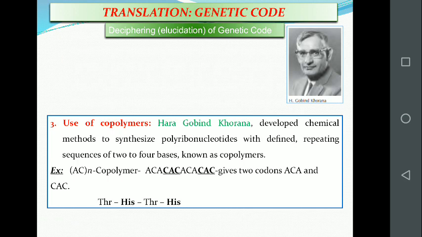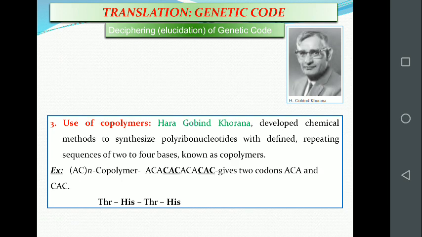Okay, so Har Gobind Khorana used copolymers and synthesized defined repeating copolymers as the artificial mRNA molecules, and synthesized peptide molecules in a cell-free translation system.